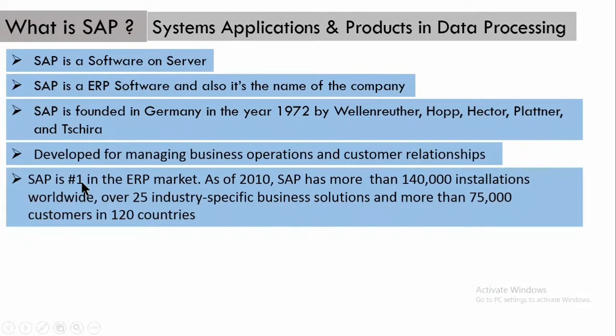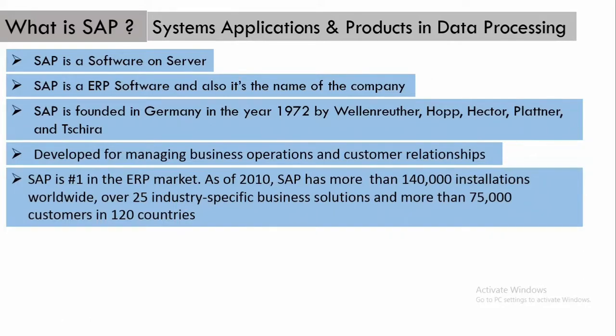Then see, SAP is number one software in the ERP market, because it is a centralized system. Centralized and decentralized, I'll explain to you in the next few minutes. As of the survey in 2010, SAP has more than 140,000 installations worldwide. But this is 2022.